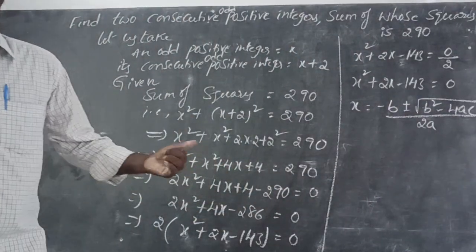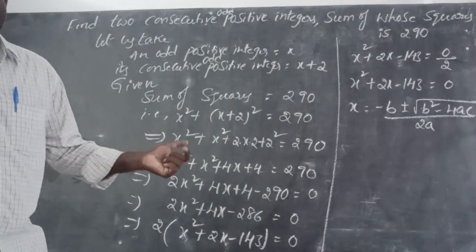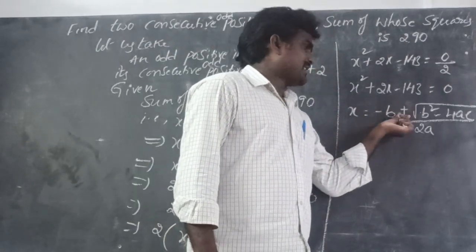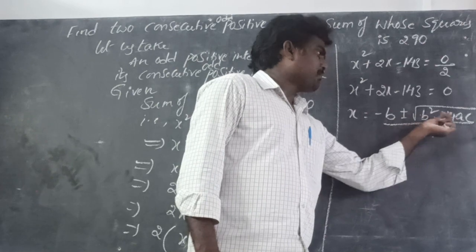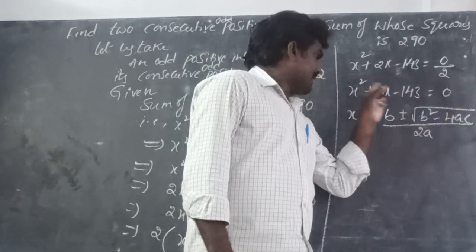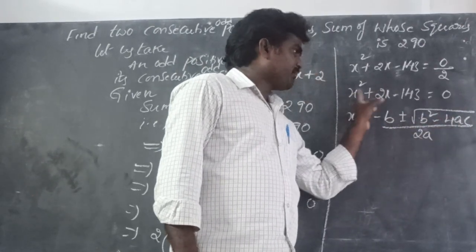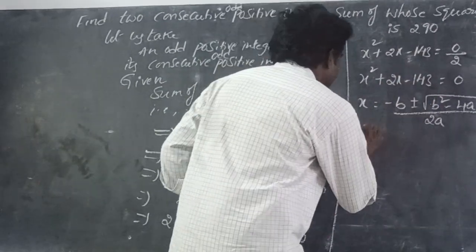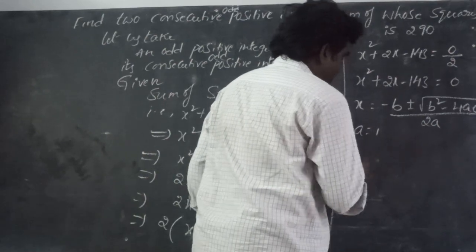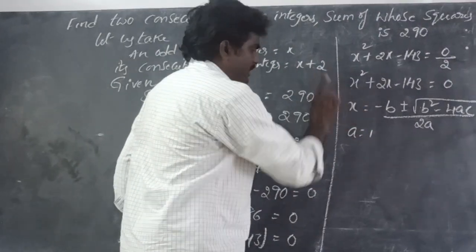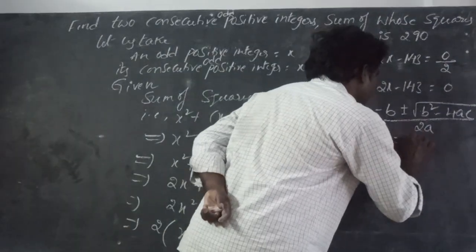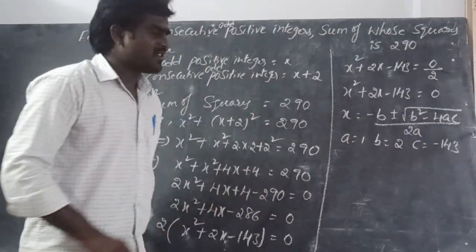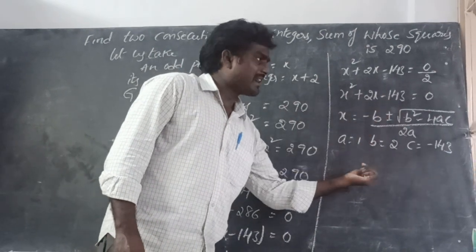Here a is the x square coefficient, b is the x coefficient, c is the constant. So here a is equal to 1, b is equal to 2, c is equal to minus 143, by comparison. Substitute the three values here, then you can get the x values.